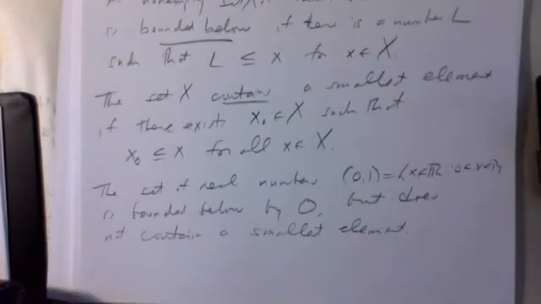And no matter what element you pick in the set, like a third, there's always a smaller element, like a fourth. So this set is bounded below, but doesn't contain a smallest element.